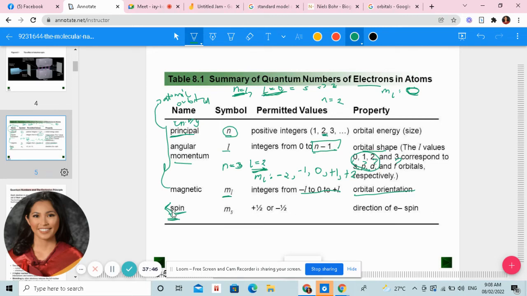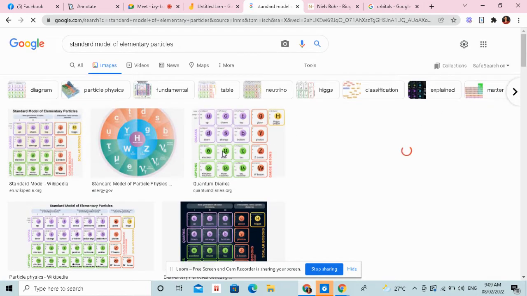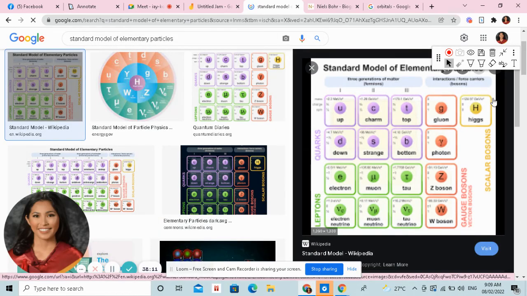Every particle spins, unlike the Higgs boson, which is very controversial because it does not spin. All the other particles spin, because without spinning there will be no frequency and no energy.